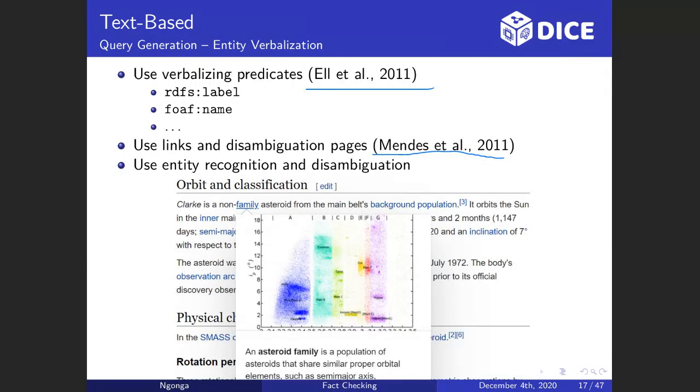You then have to think about which type of scoring functions you should use here to ensure that family, which is a rather generic term, is only linked to asteroid family if the context gives you plenty of information pointing towards asteroid family.